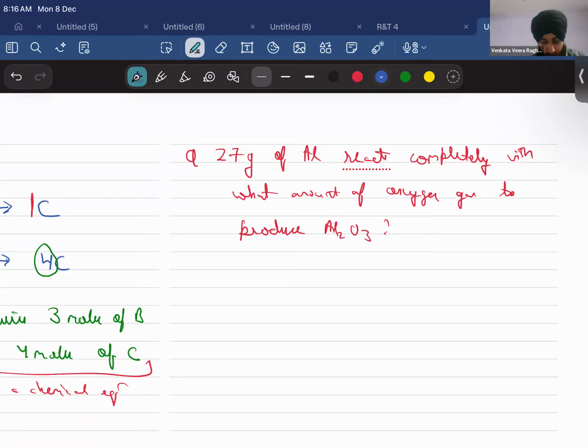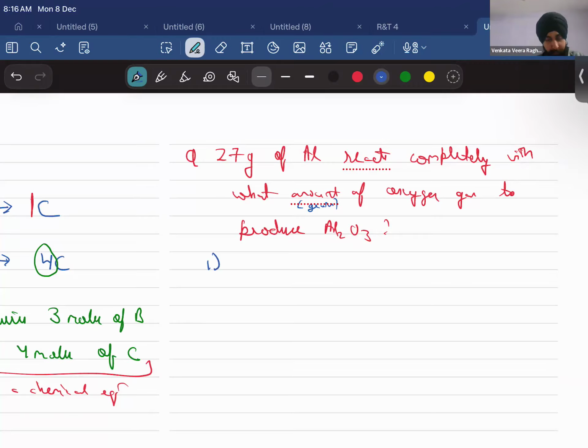Okay. So first of all, whenever these kinds of questions are asked, where someone's mass or someone's moles is given to you and you want to find out some other one's mass or moles, this amount they're asking in terms of grams only. So they're asking you the grams for oxygen, and you are already given the grams for aluminium. How can we proceed? How to do it? So write 4 steps, and after writing the 4 steps, you are good to go. You can solve any question now.